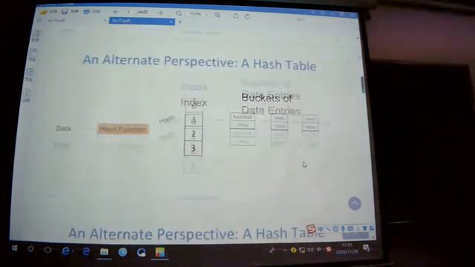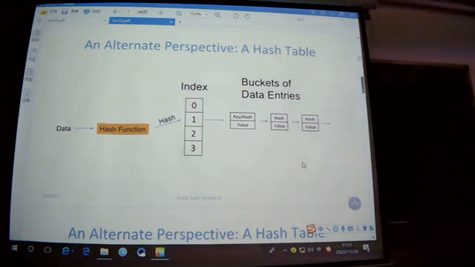Okay, this is an alternate perspective or method, we can search the name from a search engine. Hash table. After hash table is very useful, and we can find hash function is very important. In a hash table, the hash function is very important. If we use a hash table, we design the hash function before we use the hash table.